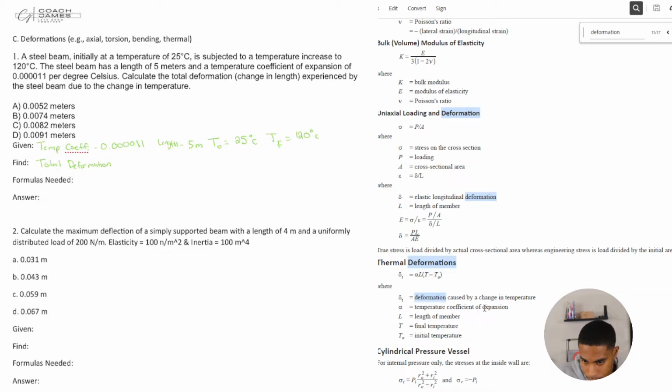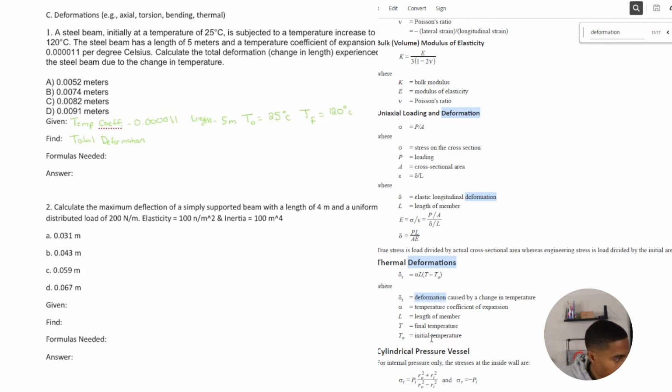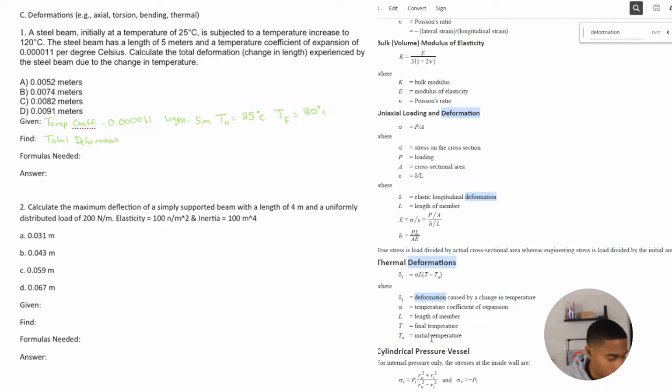Do we have L, the length of a member? Yes, that is 5 meters. Do we have T, the final temperature? It's 120 degrees Celsius, and an initial temperature of 25 degrees Celsius. So I know that this can be used.